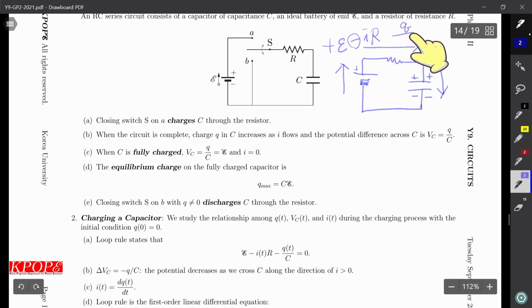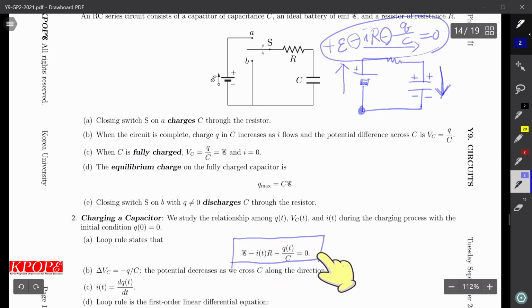Q over C, we have a negative sign, because if you follow this direction, potential decreases from plus to minus. And we return to the same position, equals 0. So this equation is written in here.